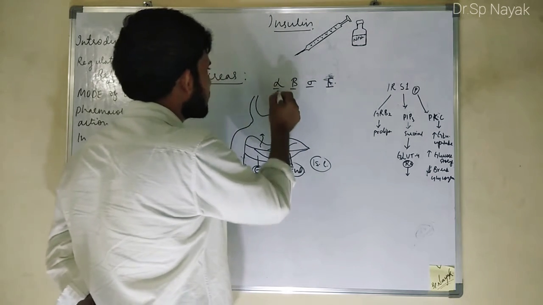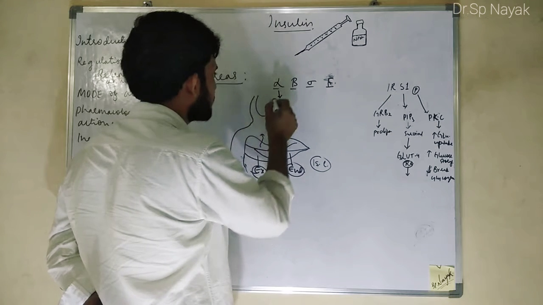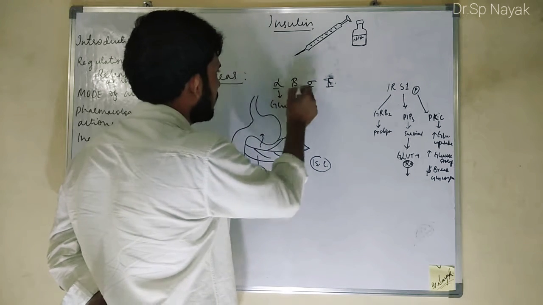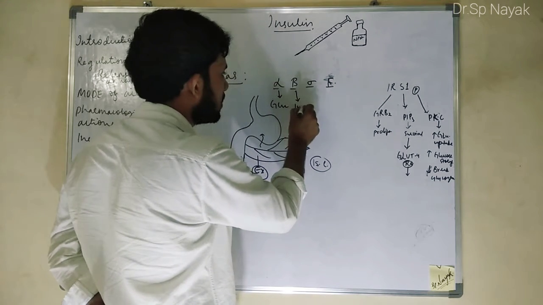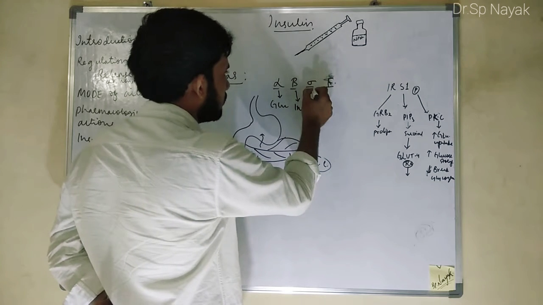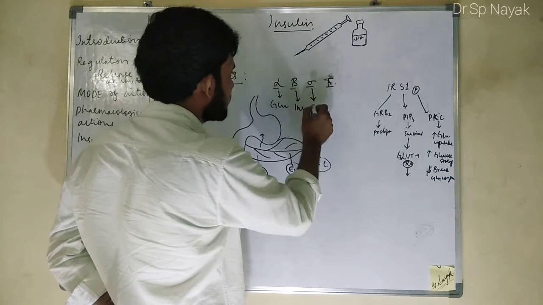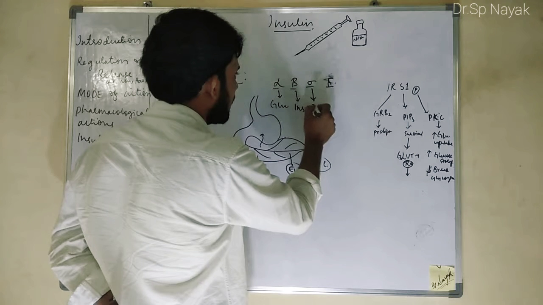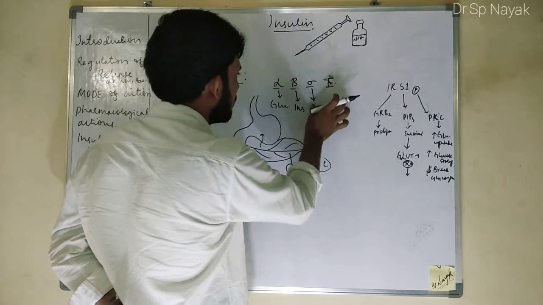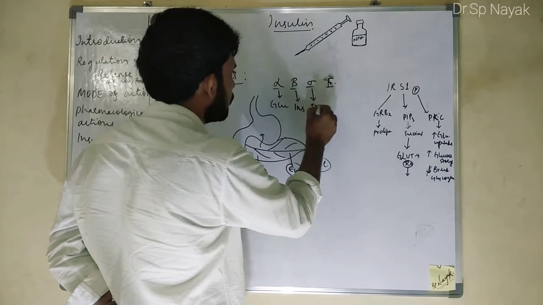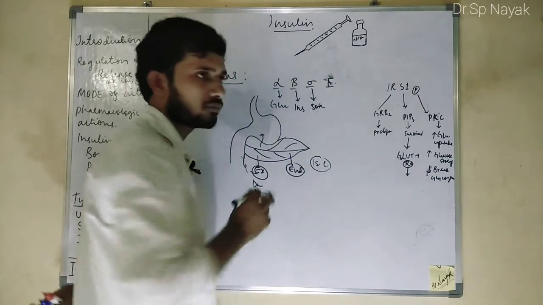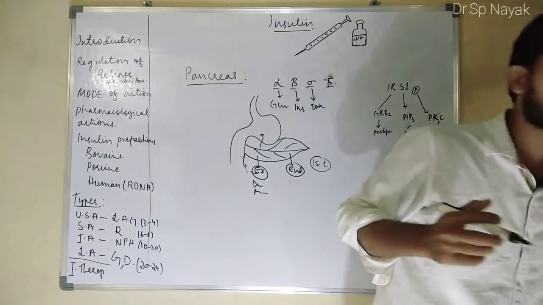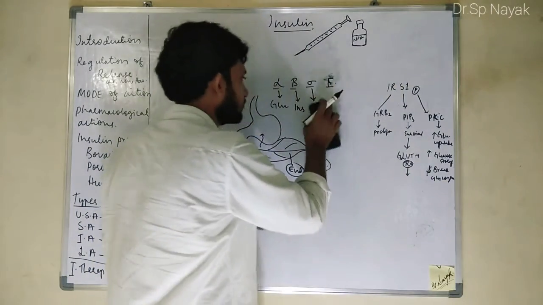The alpha cells of pancreas synthesize glucagon, and beta cells synthesize insulin. Delta cells synthesize somatostatin.